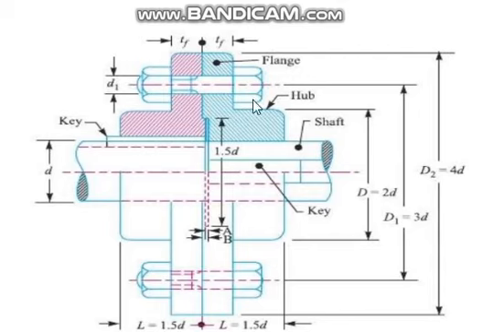Only two nuts are shown here, but in actual practice there could be 3, 4, 6, 8, 10, 12 like that, depending upon the power being transmitted and the size of the shaft. Normally even numbers are used, but in small quantity like 3 they will use odd numbers also.